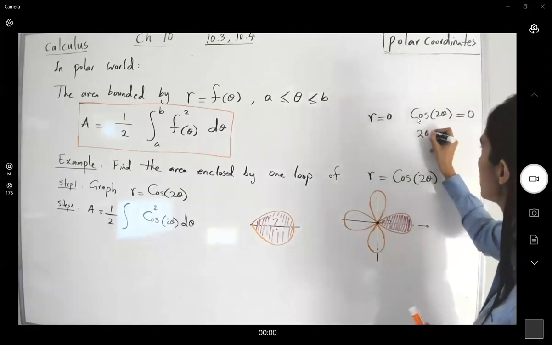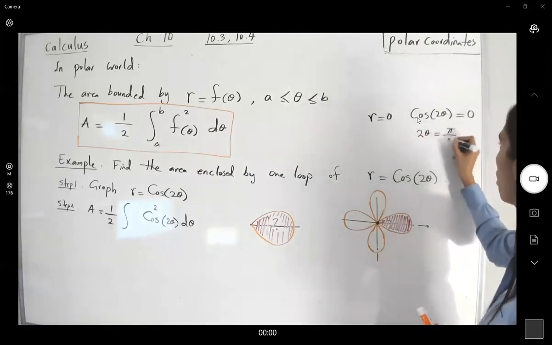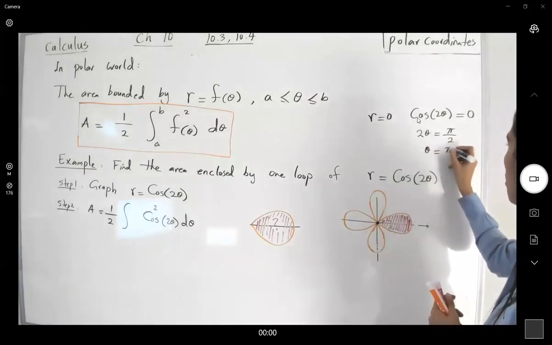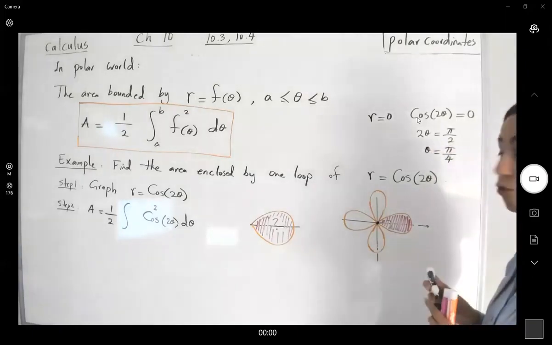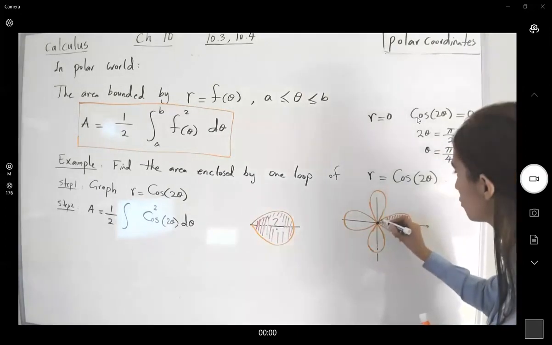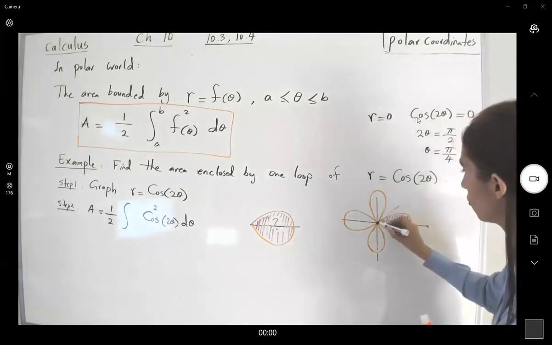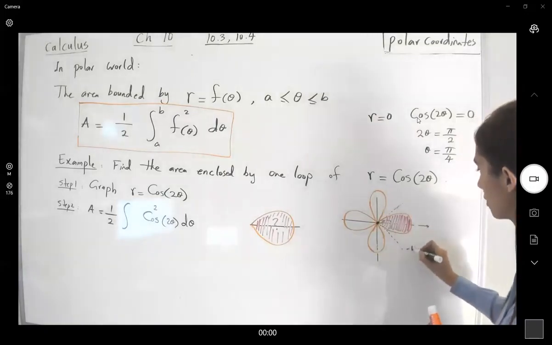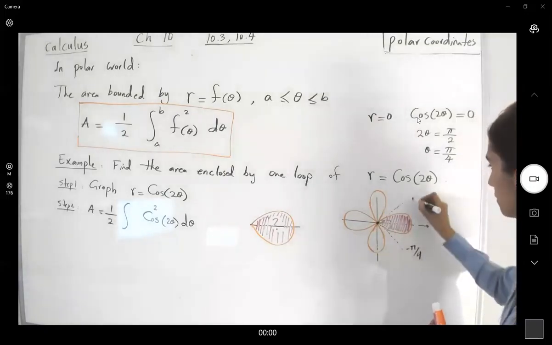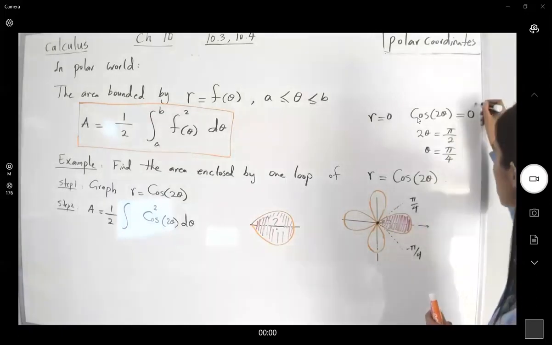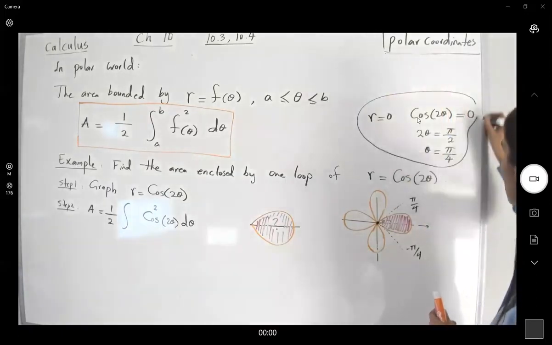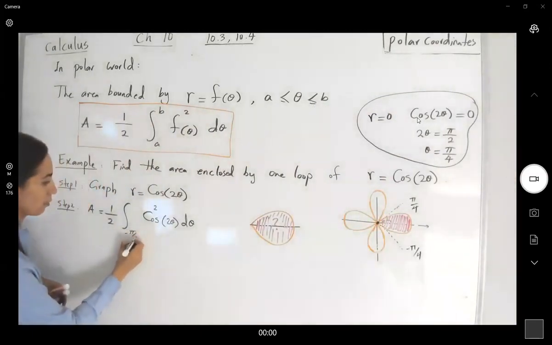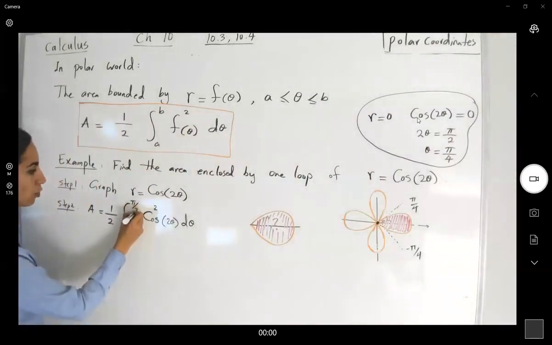It means that 2 theta is equal to pi over 2, or theta is pi over 4. Because of symmetry, you have pi over 4 and negative pi over 4. Negative pi over 4 to pi over 4.